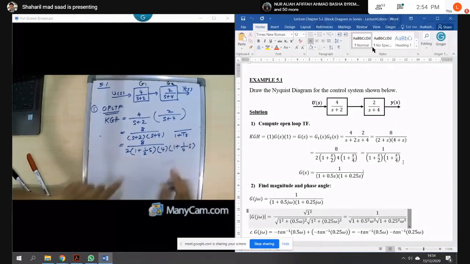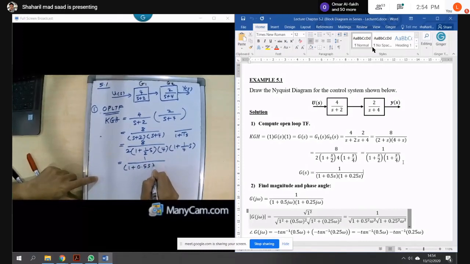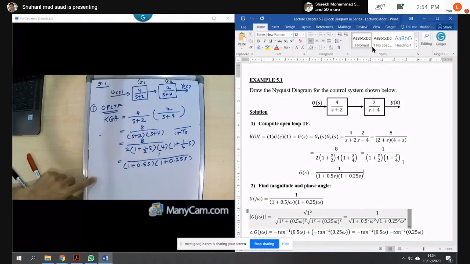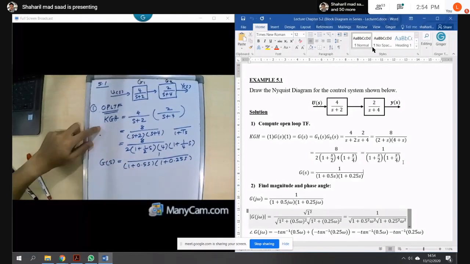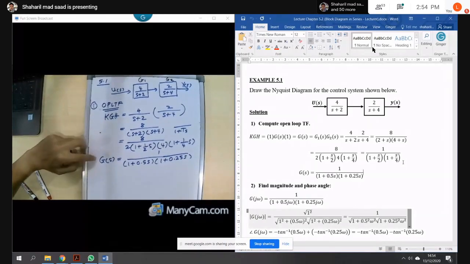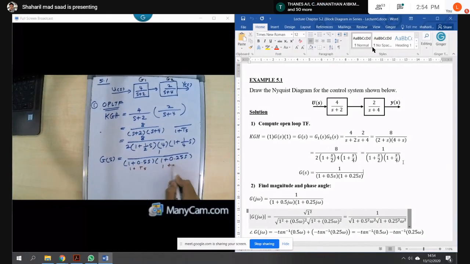When we simplify it, we get 1 over 1 plus 0.5s, times 1 plus 0.25s. Now I put this as G(s) to make it simple. So you can relate to what you have learned before. This one is 1 plus ts.